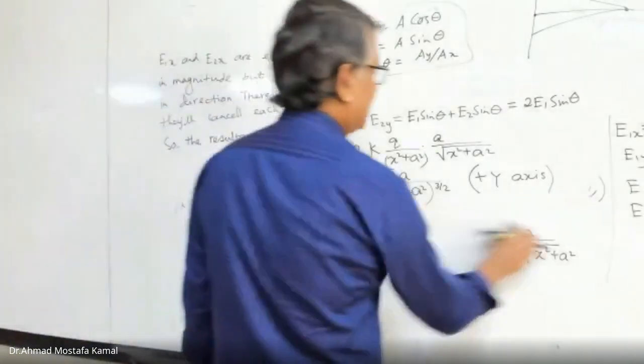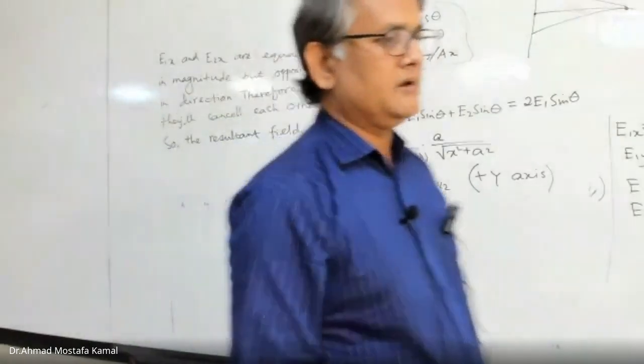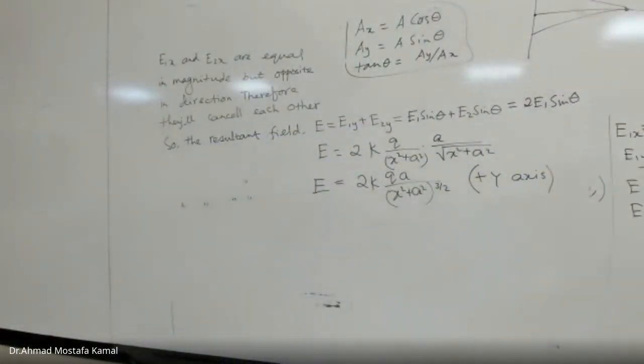So this is about dipole. This is called dipole calculation. I have shown this calculation in detail because we need this kind of calculation for any kind of vector calculation like force and field, etc.